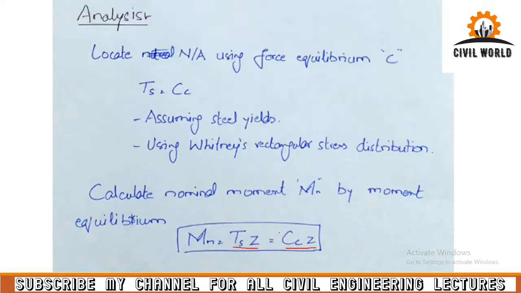Basically, summarizing it, we have four stages. In stage one, when load increases, your curvature increases in a linear manner, and there is a point where concrete just starts to crack. That is called the cracking moment. Then the tensile stresses are transferred to the steel.